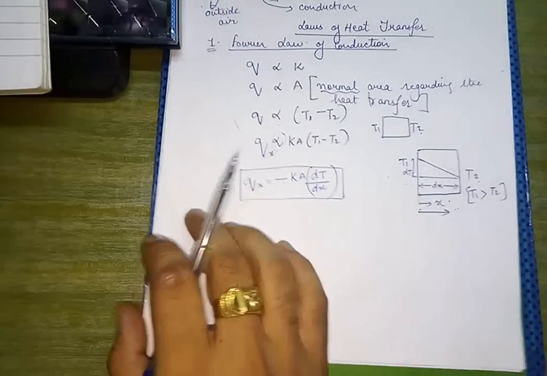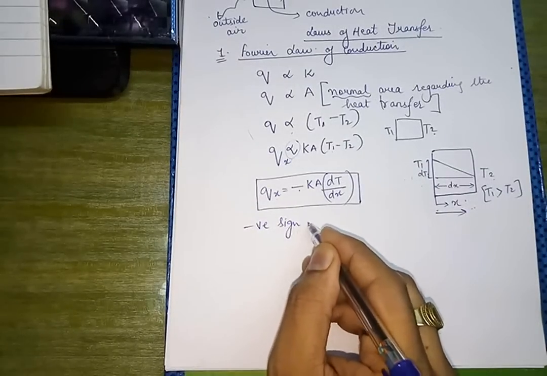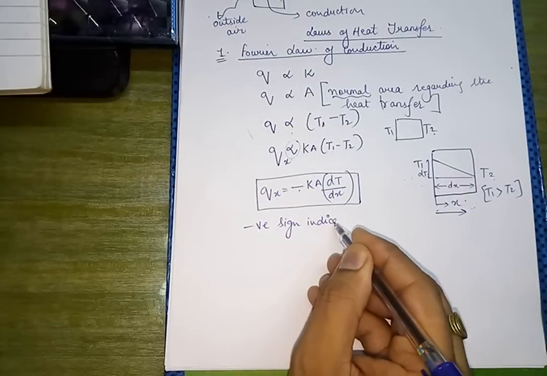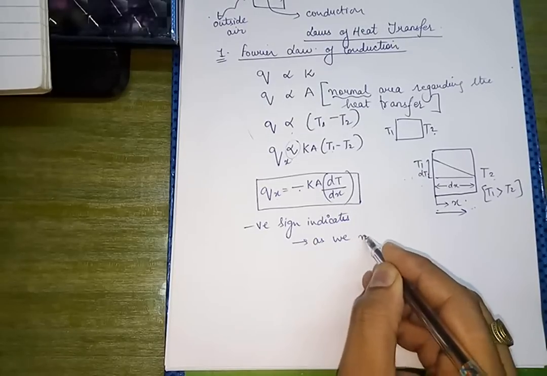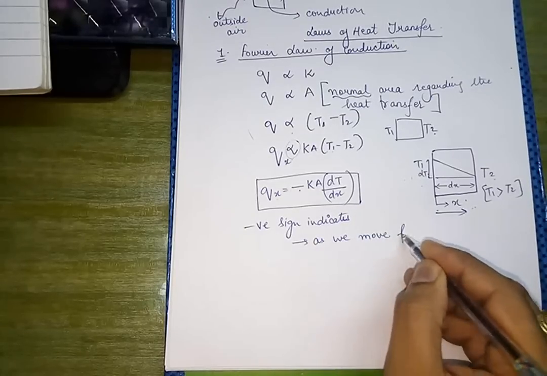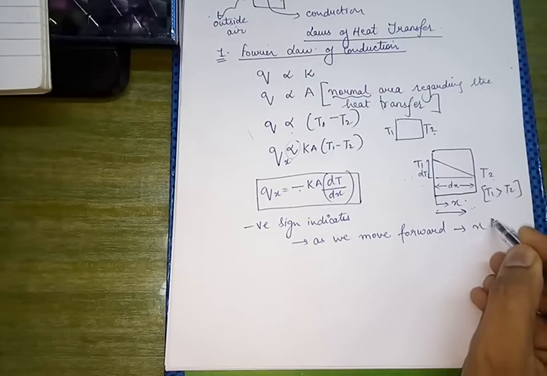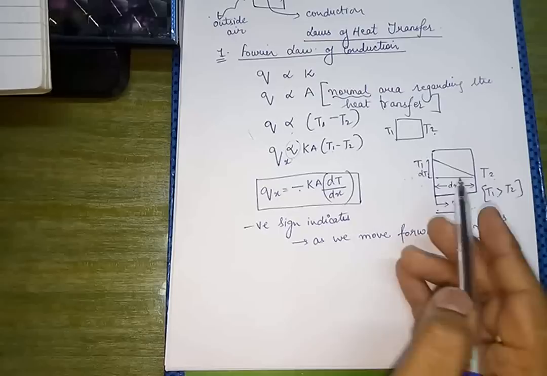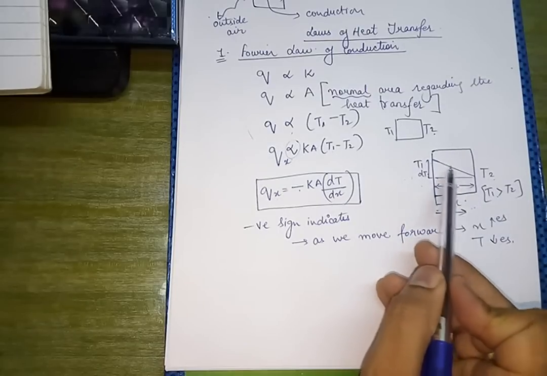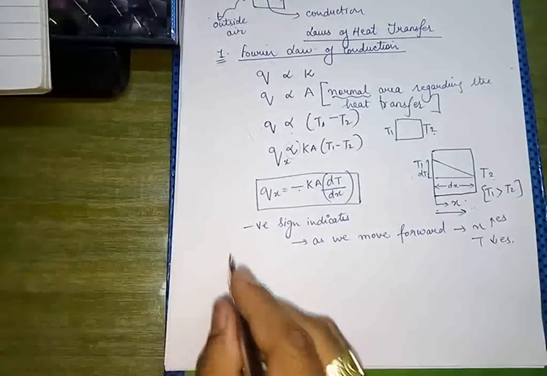The negative sign indicates that as x increases, temperature decreases. That is, in the direction of increasing x, we have a decrease in the temperature. Okay, this is the first law.